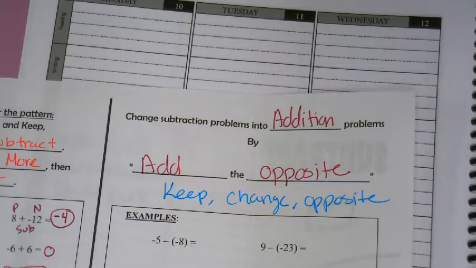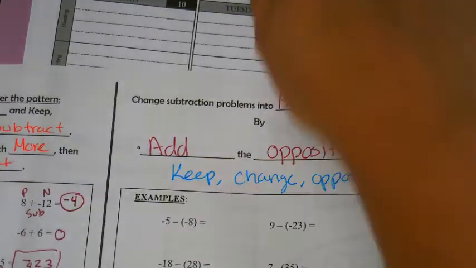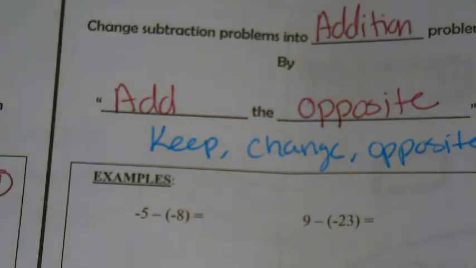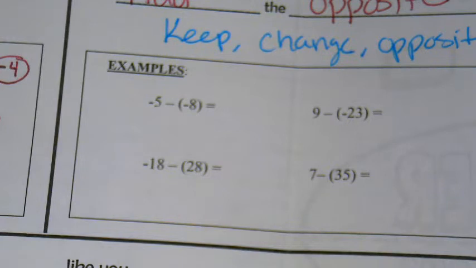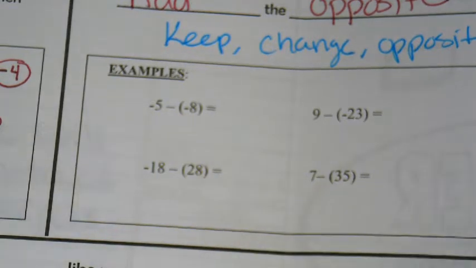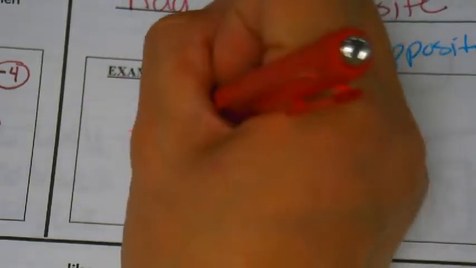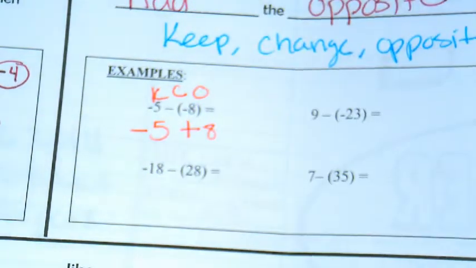All right. Examples. So do you guys see how there's a subtraction? Before we start doing the math, you got to get rid of that subtraction sign. It's terrible. So how do I rewrite this first problem? Negative 5 plus 8 equals 3. Keep, change, opposite.